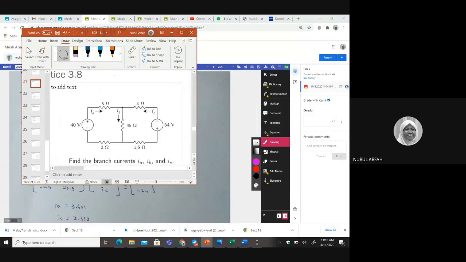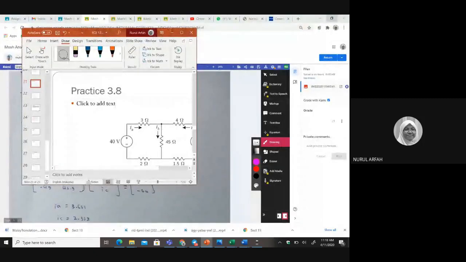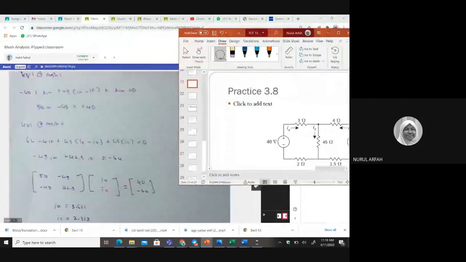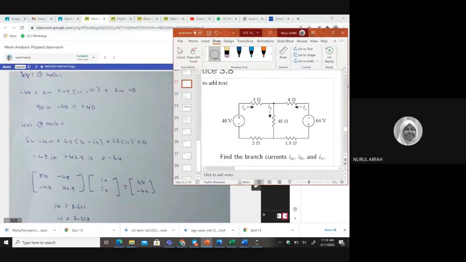So you have this. It's quite difficult if you didn't draw, because one of the advantages in drawing your figure is that there's a mark for drawing, and then you do the current direction for mesh if you put it this way. So if you don't have it, then I will figure out where is your current direction.